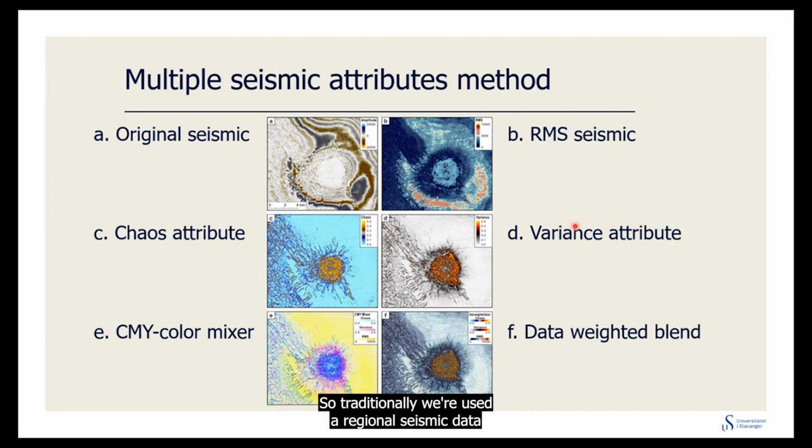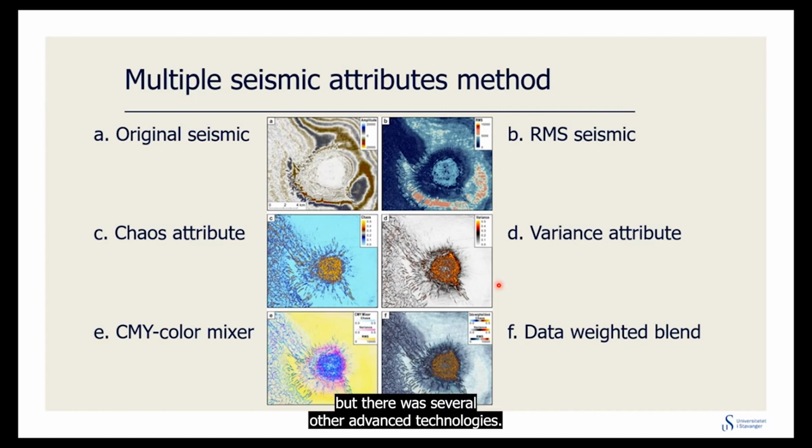Traditionally, we used original seismic data to interpret the faults or fractures in or around the salts. And people also use different kinds of seismic attributes, for example, the RMS, the chaos, and the variance attribute, to map these fractures or faults.